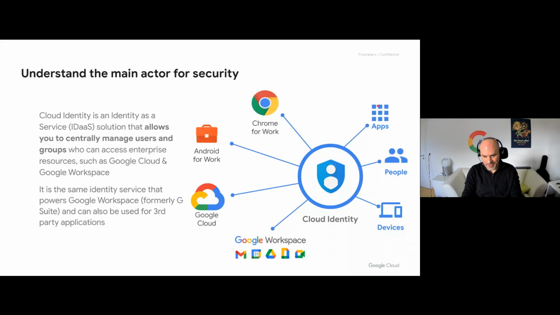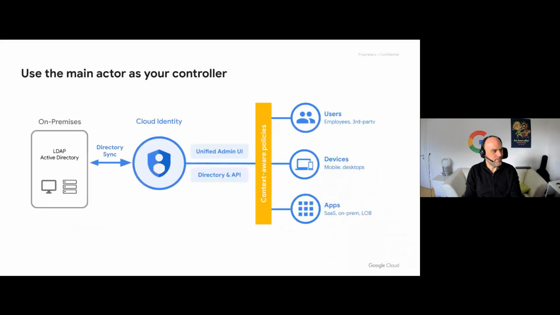Focus on the identity piece. And obviously, you don't want to start from scratch here. You probably want to introduce this kind of synchronization. In that case, LDAP, Active Directory, but there can be other systems as well. You can replace it by Azure Active Directory, by Okta, by Ping Federate, whatever you're using.